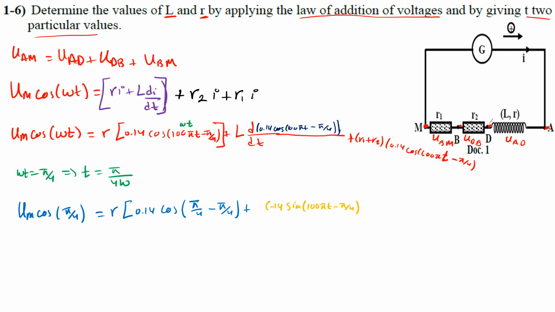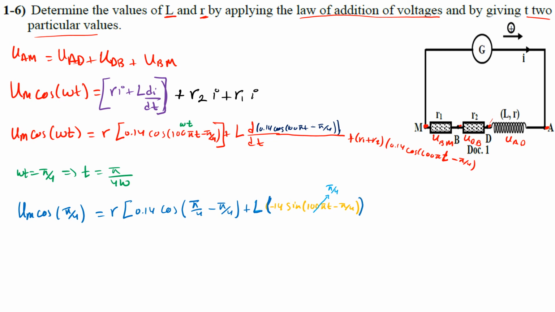So this was L, and I will replace this by pi over 4. So this is L, we have I di by dt in this form.